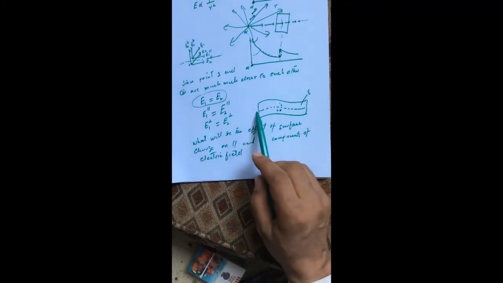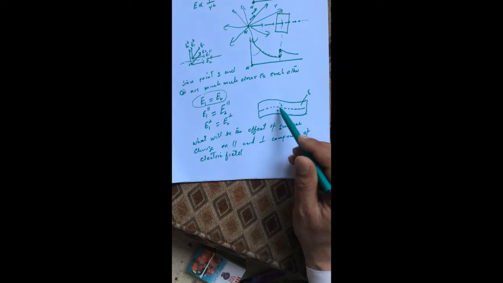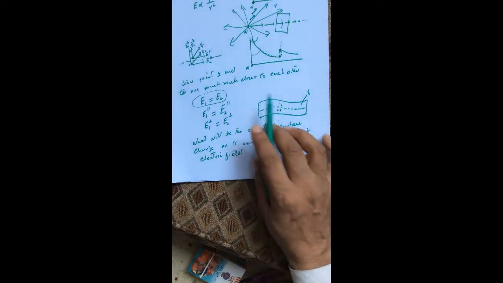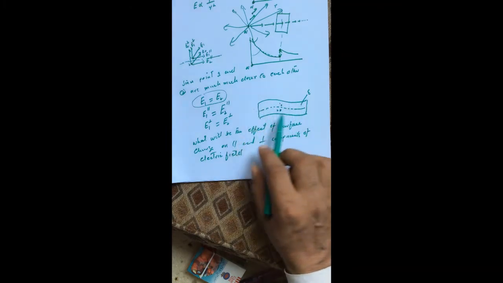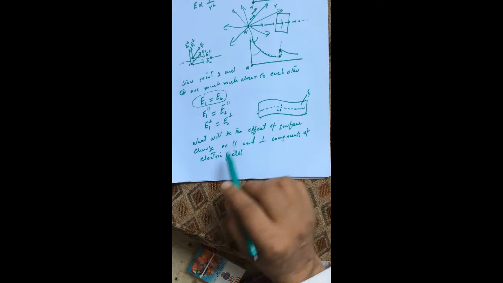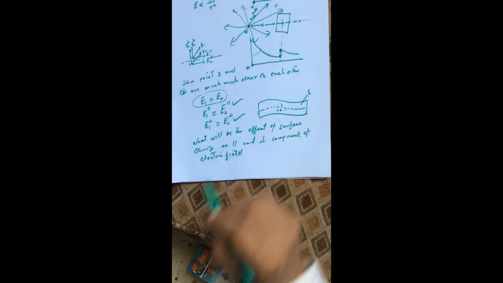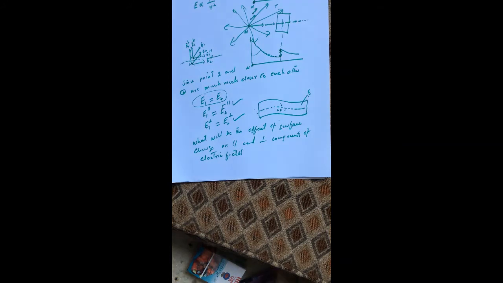So there is no discontinuity. Now we introduce a surface such that one point is lying above the surface and the second point is lying below the surface. Between these 2 points we introduce this surface, and this surface has a surface charge sigma. So here we will see the effect of this surface on the parallel and normal component of electric field.